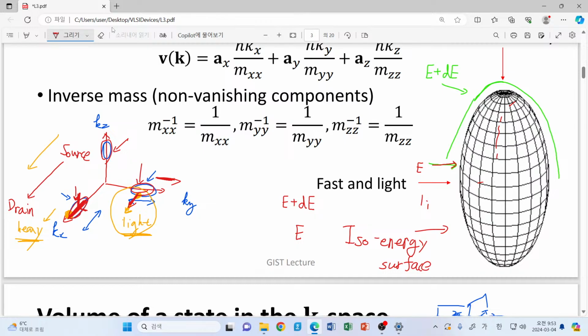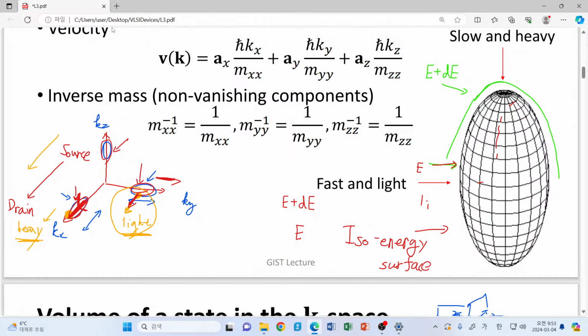So then what is the volume between energy level E and energy level E plus dE? You can just calculate the volume of this thin shell obtained by smaller ellipsoid and larger ellipsoid.